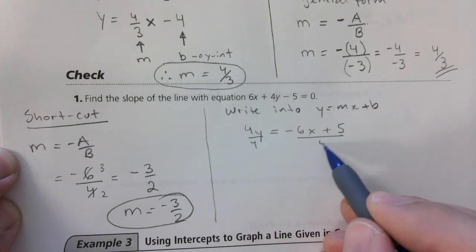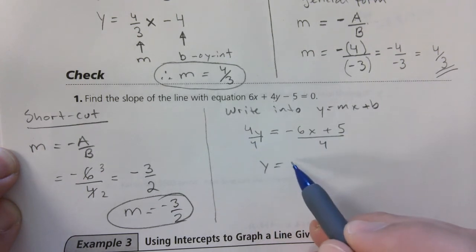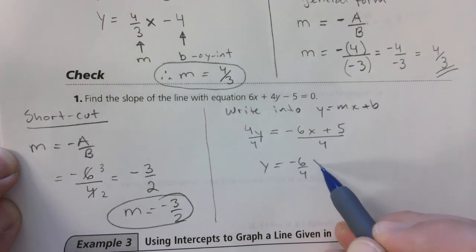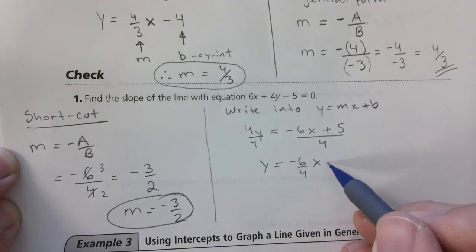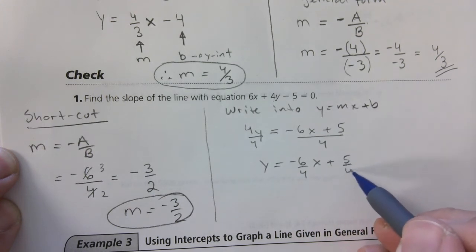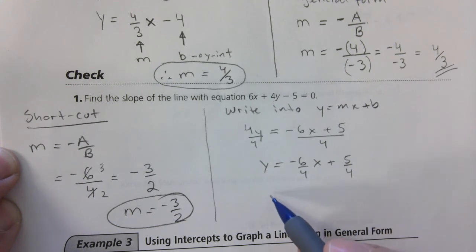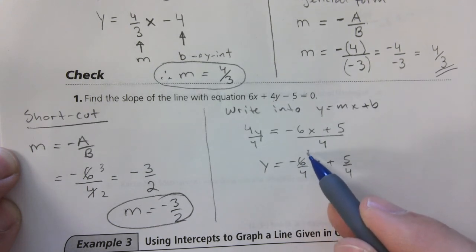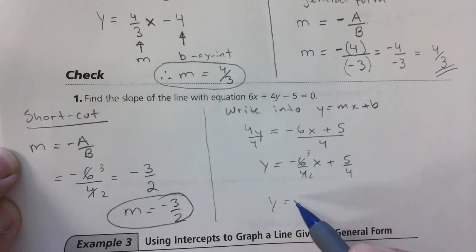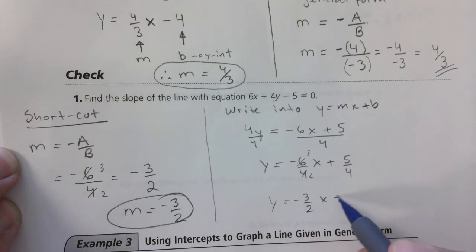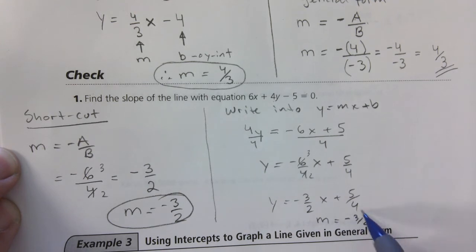Divide both sides by 4. Y is equal to negative 6 over 4 x plus 5 over 4. We'll leave it like that. This reduces, right? 3 over 2. So y is equal to negative 3 over 2 x plus 5 over 4. Slope is negative 3 over 2 as we predicted here.